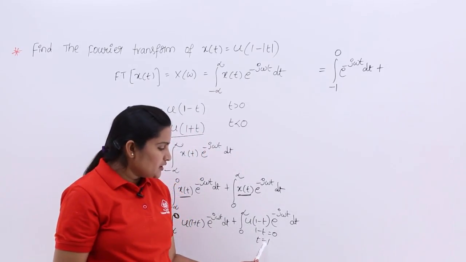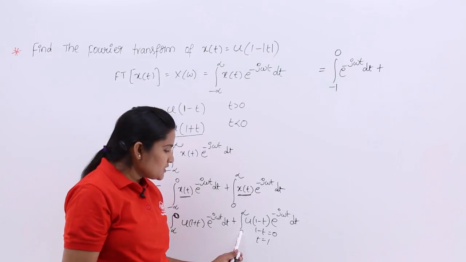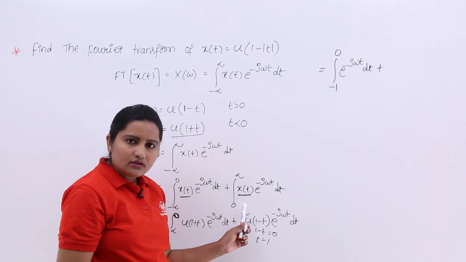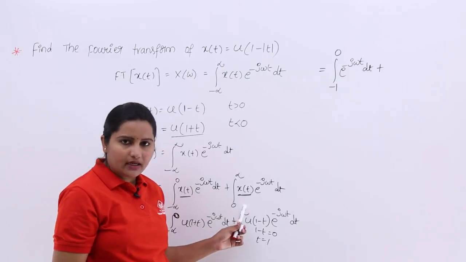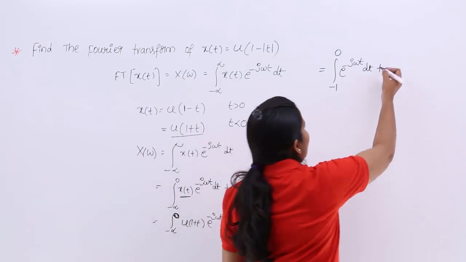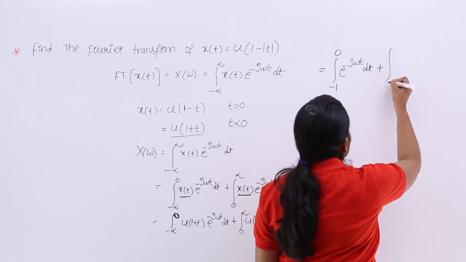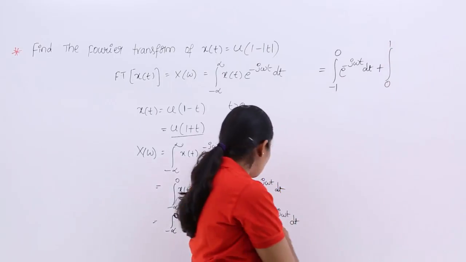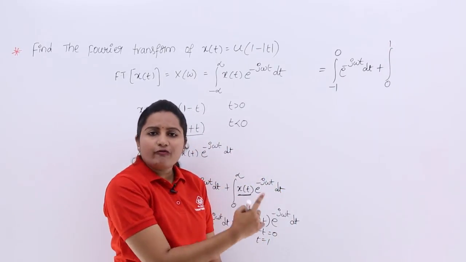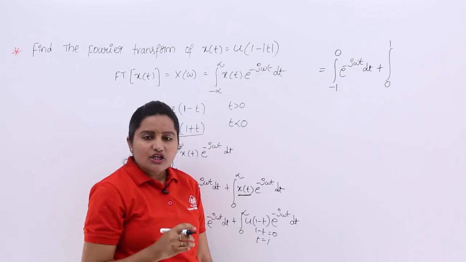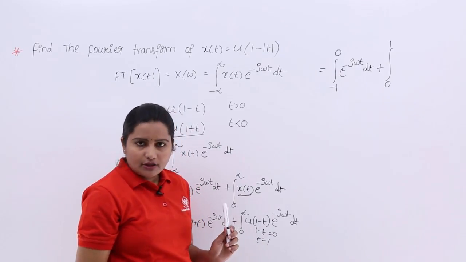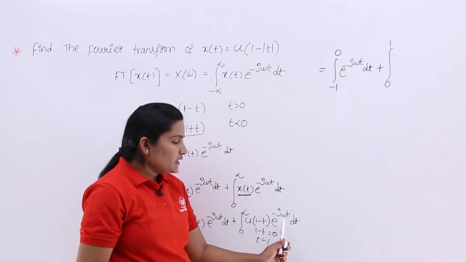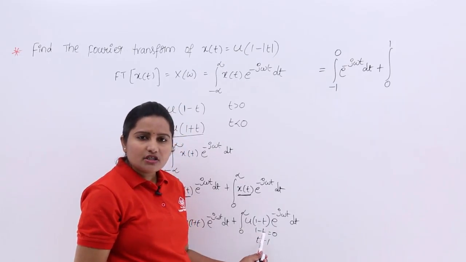Since your lower limit is 0, this will limit your upper limit, so definitely this will be your upper limit. So we can write from 0 to 1, your shifted unit step signal u of 1 minus t is equal to 1, and in the remaining cases your unit step function is equal to 0.